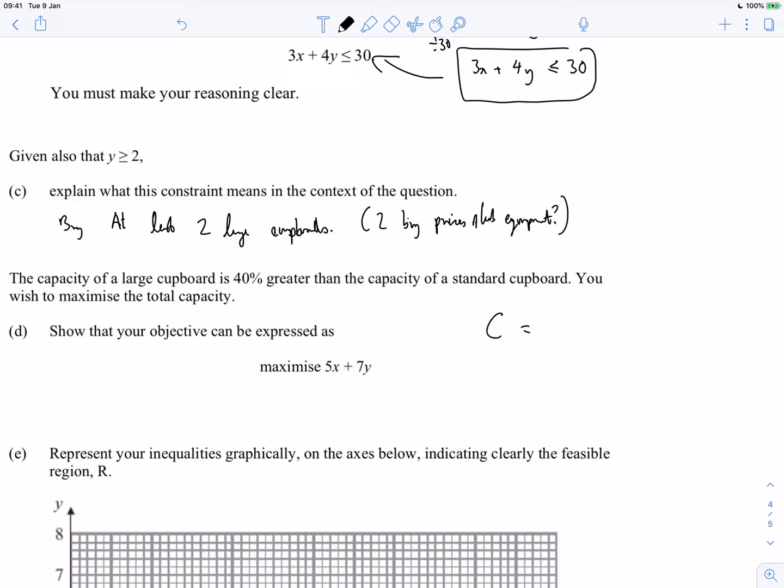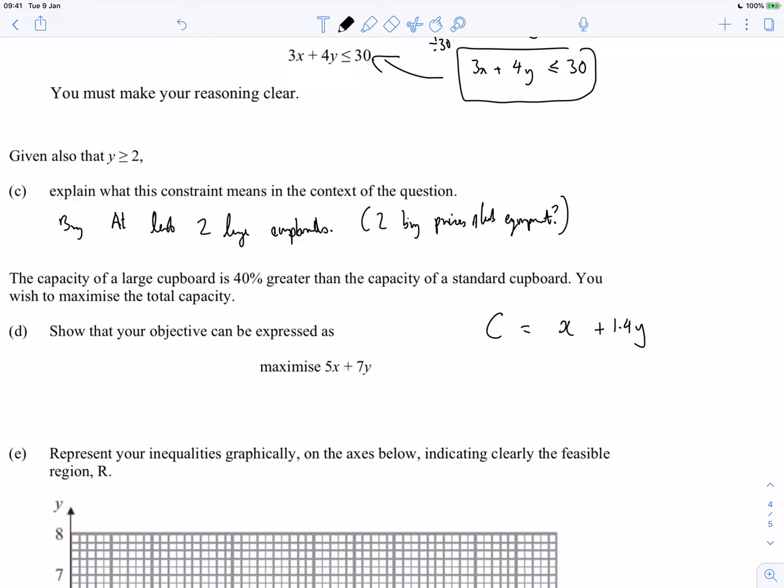The capacity of the larger cupboard is 40% greater than the standard cupboard. So x plus, well, if they were the same, then you just have x plus y. But because y contributes more, that's essentially saying that this needs to be increased by 40%. Right? If you increase something by 40%, it's a decimal multiplier of 1.4.